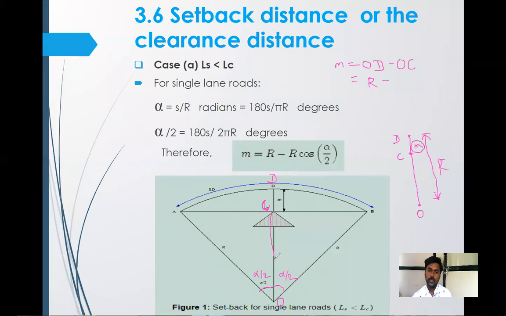Now we have to consider the triangle OCB. In this triangle, here is the perpendicular, meaning a 90-degree angle is there. So we can calculate OC.